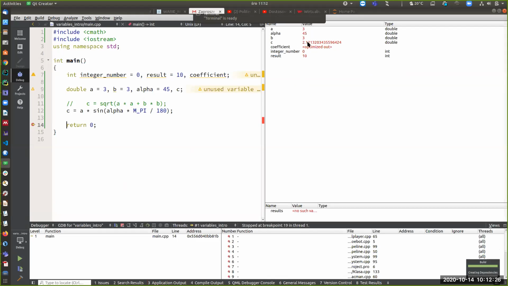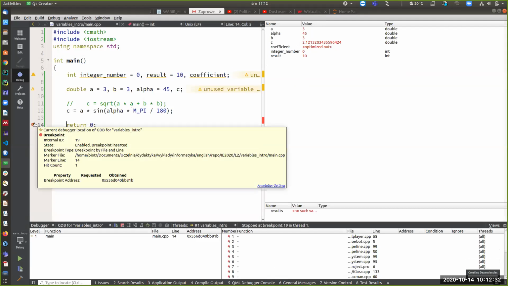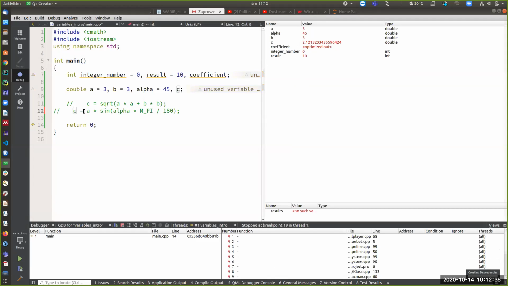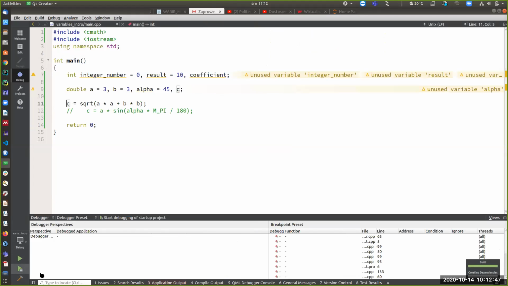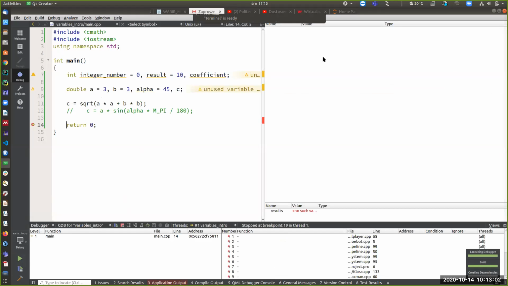Okay, 2.1, and here is 45. What happened? That's interesting.